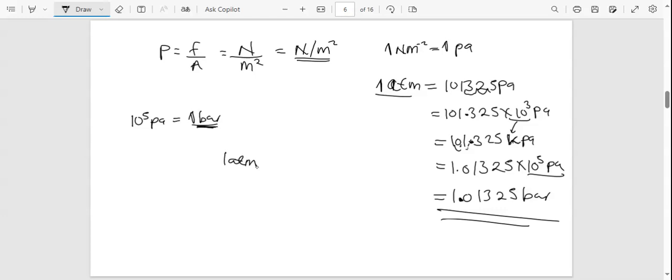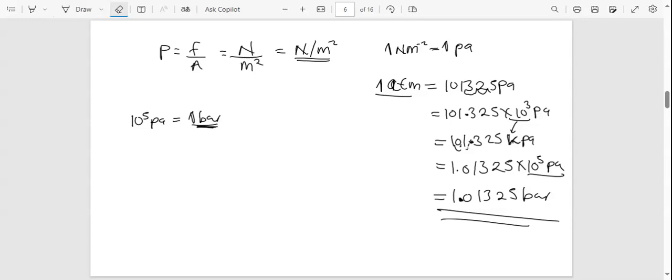I can show you how to find it, but let's just master it. 1 atm liter. Just take note of this, please.